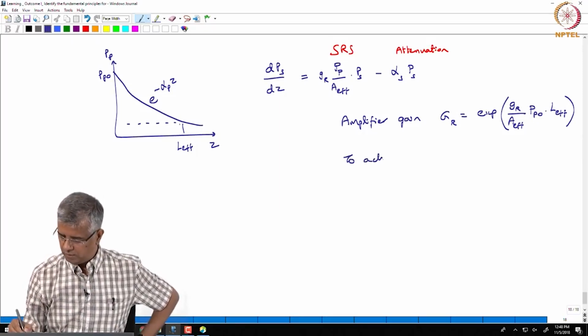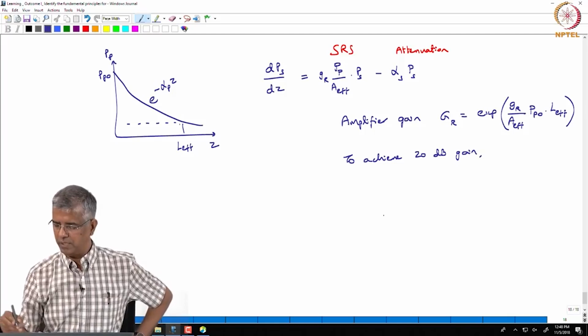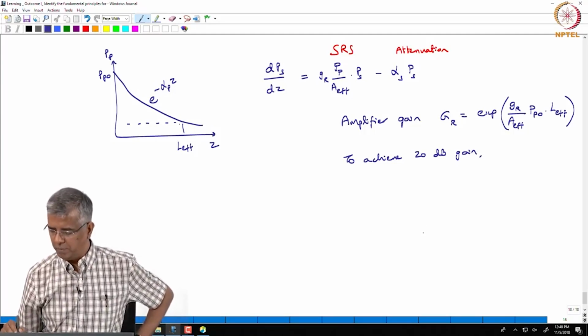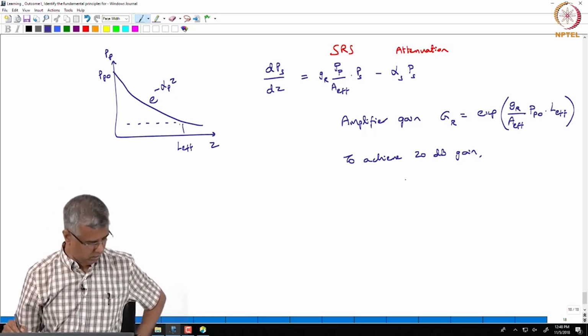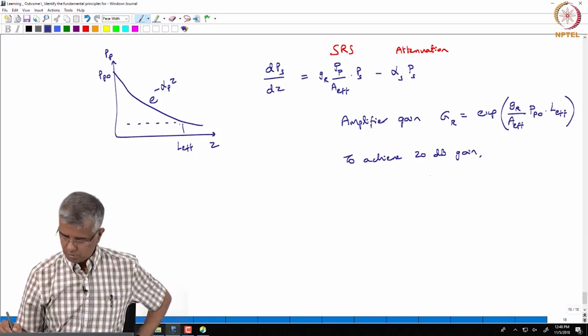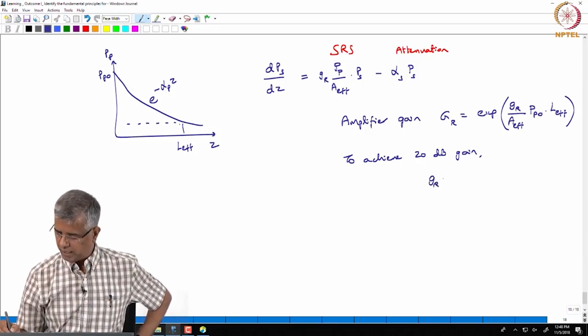Okay. So, if you do some quick math to achieve 20 dB gain, which is a typical requirement. So, gR L needs to be 20 dB, right. We have gR in fused silica as 6 into 10 power minus 14 meter per watt.